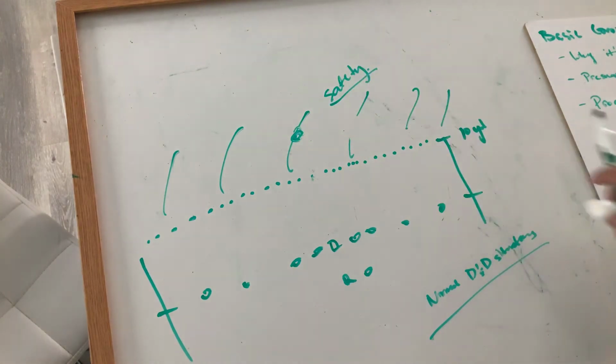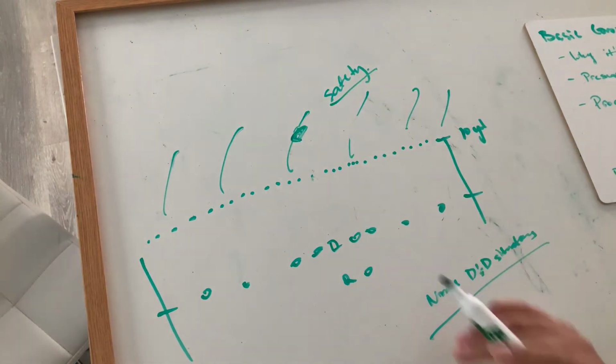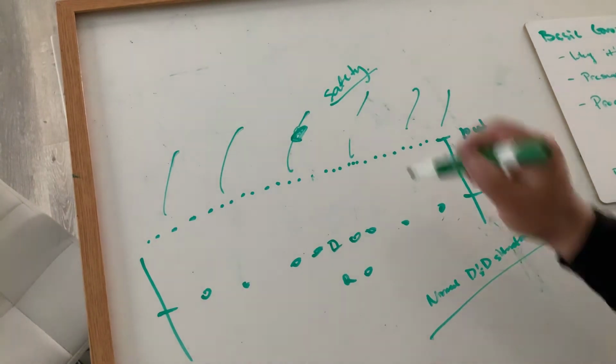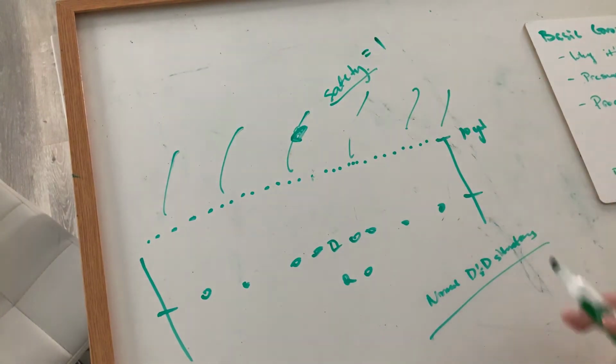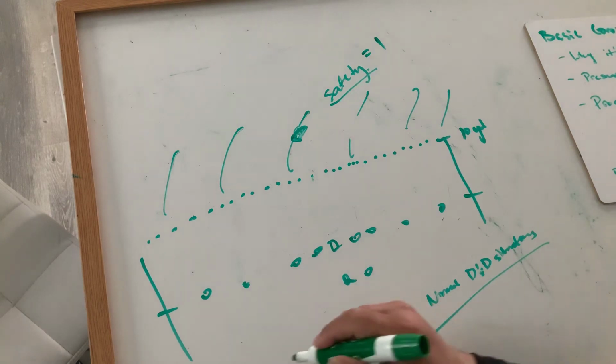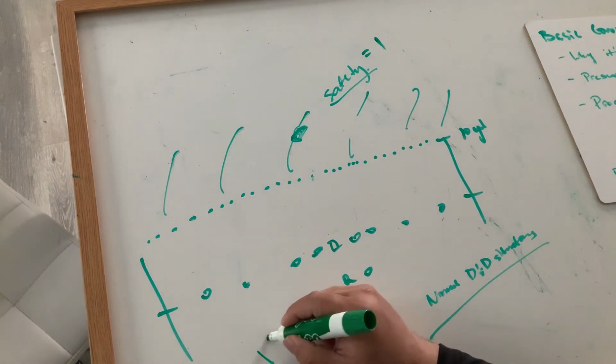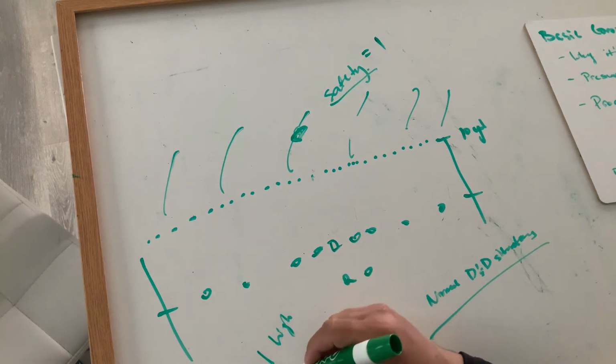Now, let's say that there's just one guy sitting here in the middle of the field. So my number of safeties is one. When we talk about safety identification, there are two sets of terms I want you guys to understand. I go simple and just say one high or two high.